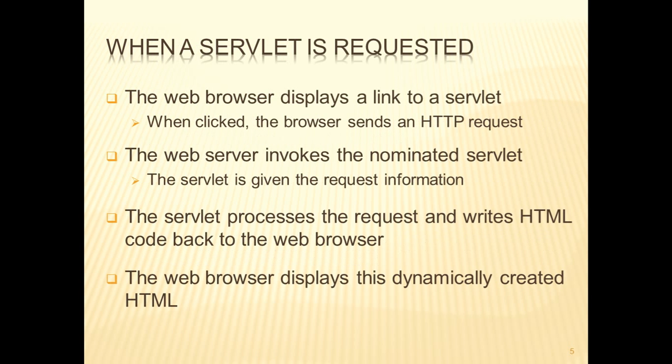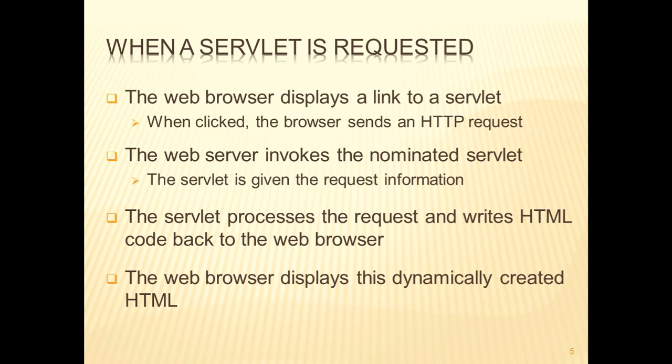Now, when a web browser makes a request for a servlet, all kinds of things happen. First of all, the web browser has to display a link that the user can click on. When the user clicks that link, the browser will then send an HTTP request of some sort, and I'll talk about those requests in a few moments.